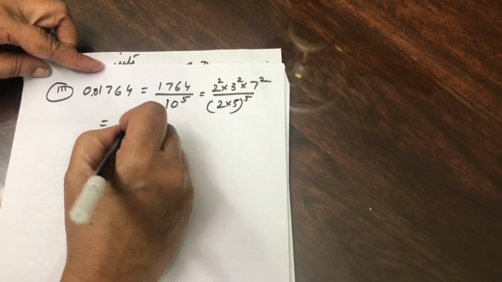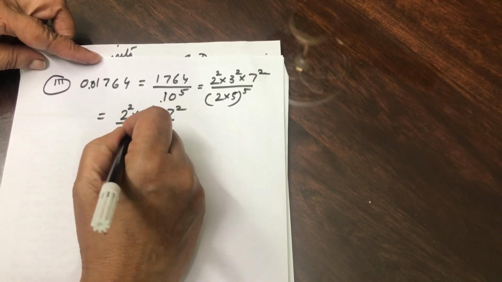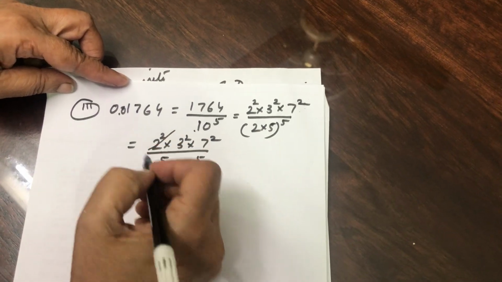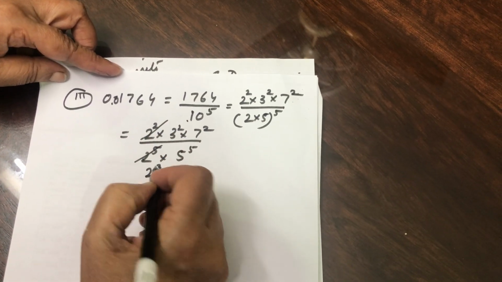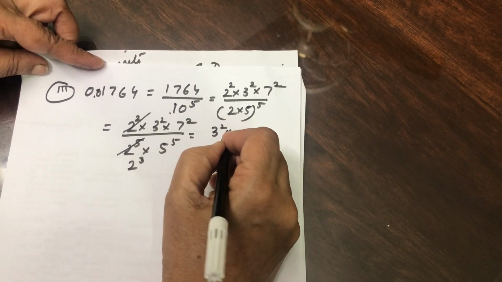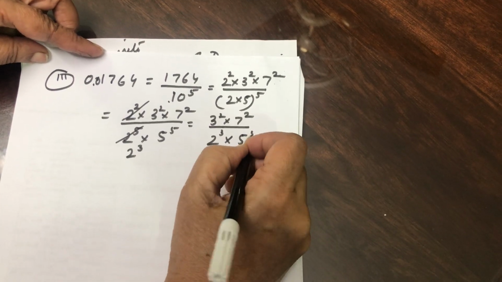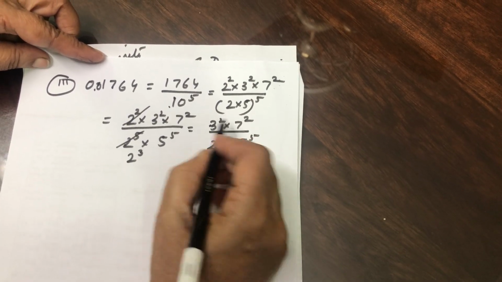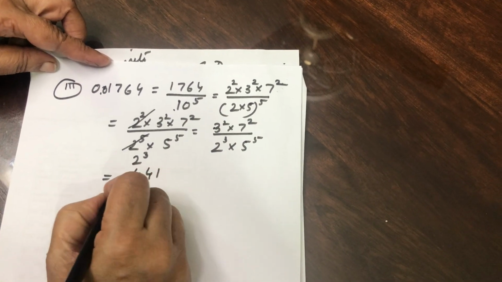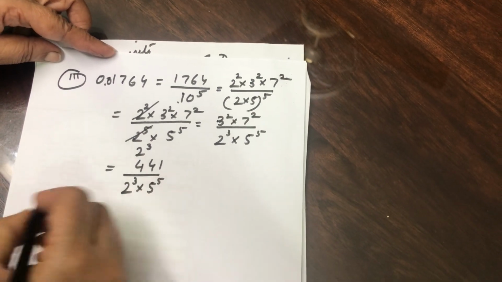That is 2 squared into 3 squared into 7 squared over 2 raised to 5 into 5 raised to 5. This will be cancelled, and the 2 becomes 2 raised to 3. So now it is 3 squared into 7 squared by 2 raised to 3 into 5 raised to 5. 9 into 49 is 441.